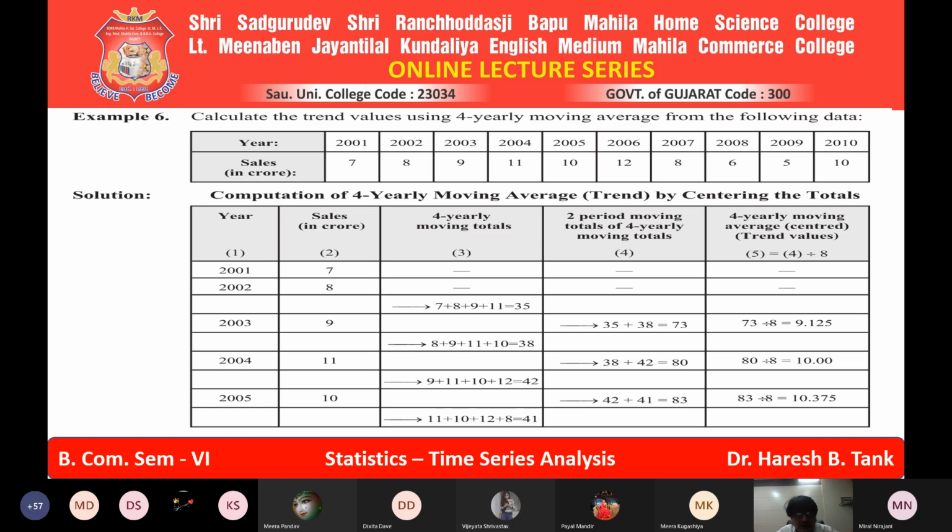In this case, always title your column as 4-yearly moving total. Once you complete it, let me know.